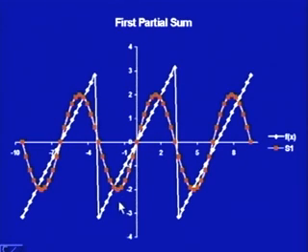In this first partial sum, we are matching with the function at only a few points, at the 2 points here at maximum, and at 0 the function is discontinuous at the limit points, that is at minus pi and plus pi.